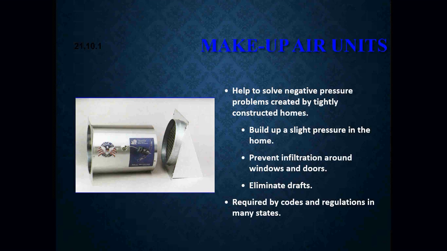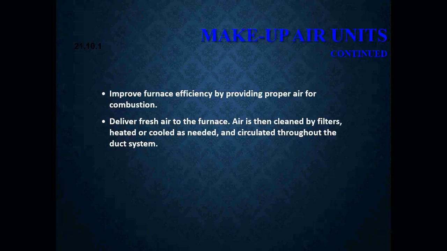It's required by code and regulations in many states. Make-up air is used to improve furnace efficiency by providing proper air for combustion. Deliver fresh air to the furnace. Air is cleaned by filters, heated or cooled as needed, and circulated throughout the duct system.